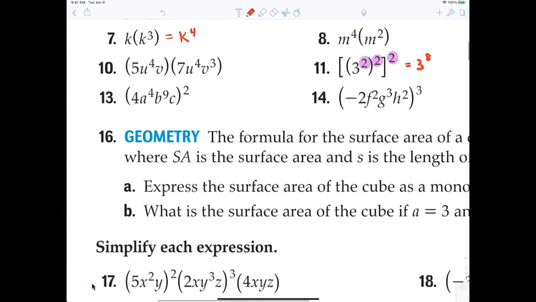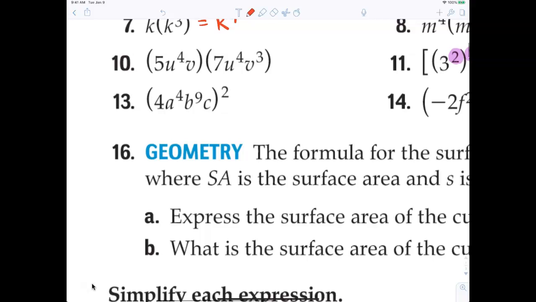Let's find 13. All right, now the tough one. 13. Where am I at? Now, the first thing I want you to do is read the number. 4 squared. What's 4 squared? 16. Think for yourself. Anybody have any issue with that so far? All right. Now, a to the what power?